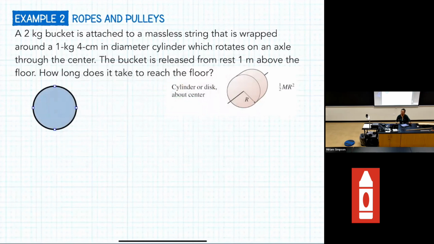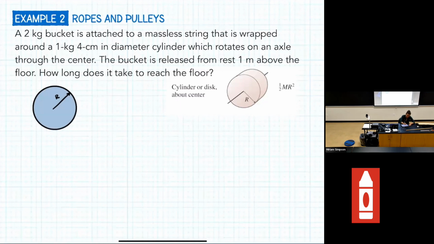Okay, so we have the radius of our cylinder. We'll call that R. And then there's a bucket hanging off of it. So do we want to make it turn clockwise or counterclockwise? Which one brings you more joy? You want clockwise? Okay.